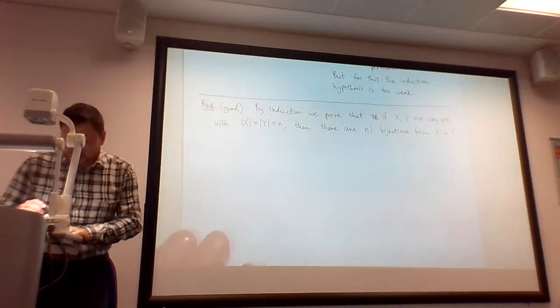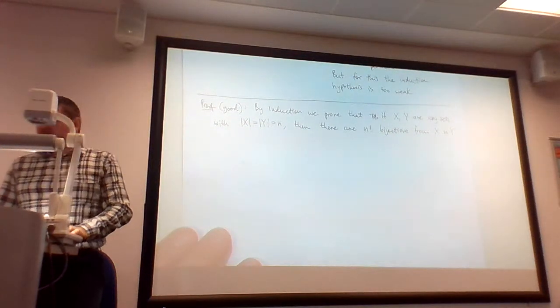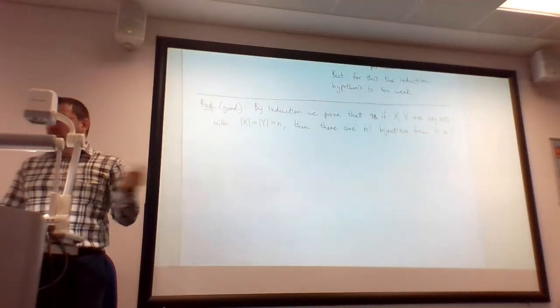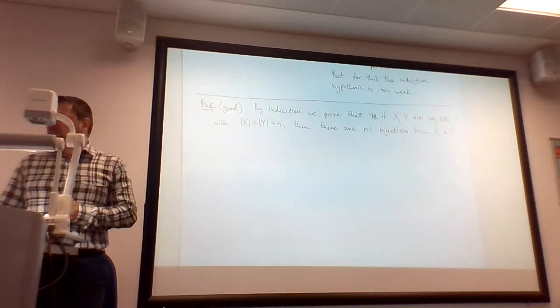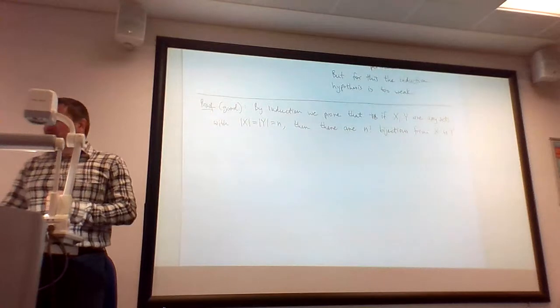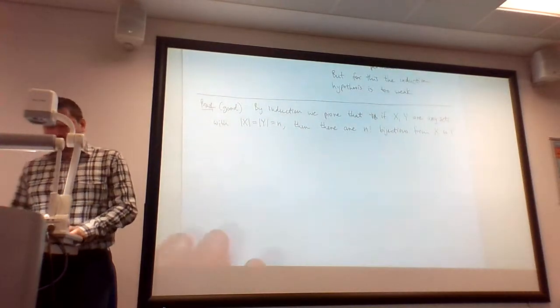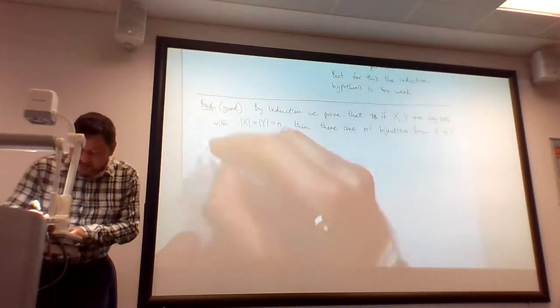Okay, so here you can start with n equals 0 if you want, because there's just one mapping from x to y, and that happens to be bijective if x and y are empty, or you can start with n equals 1 if you want, doesn't matter.